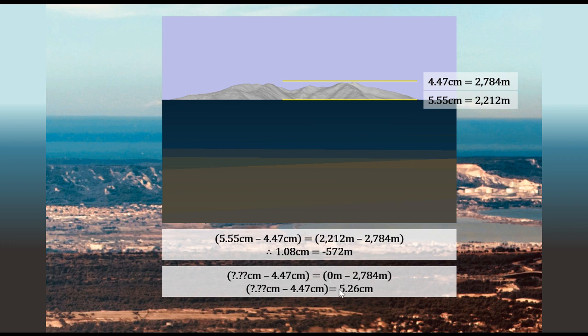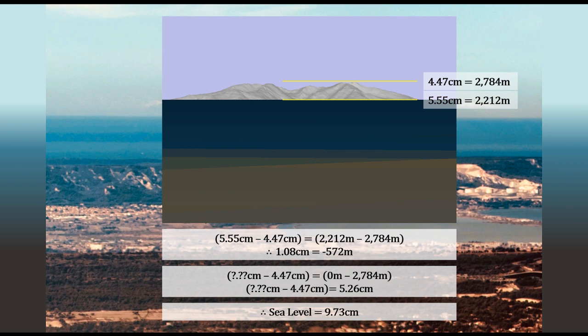So we've basically got to add 5.26 centimeters to our peak of Canigou, and that gives us our sea level of 9.73 centimeters on that image. And where is that on the image? Way down here. So basically on the original photo, everything above that line is obscured by water.